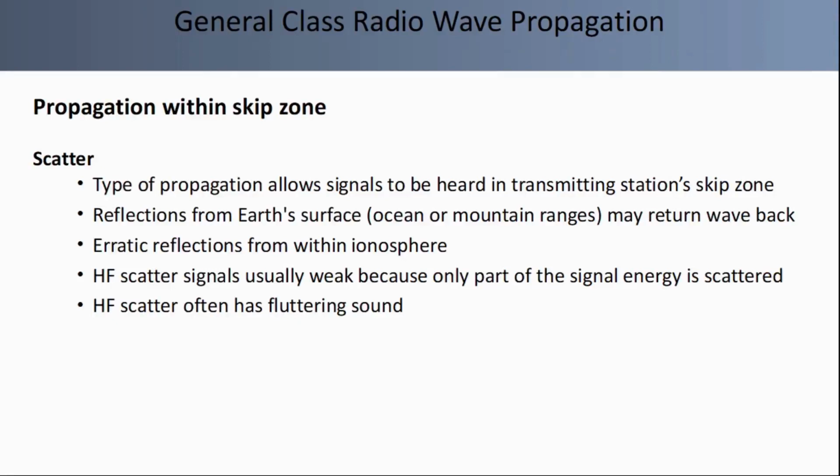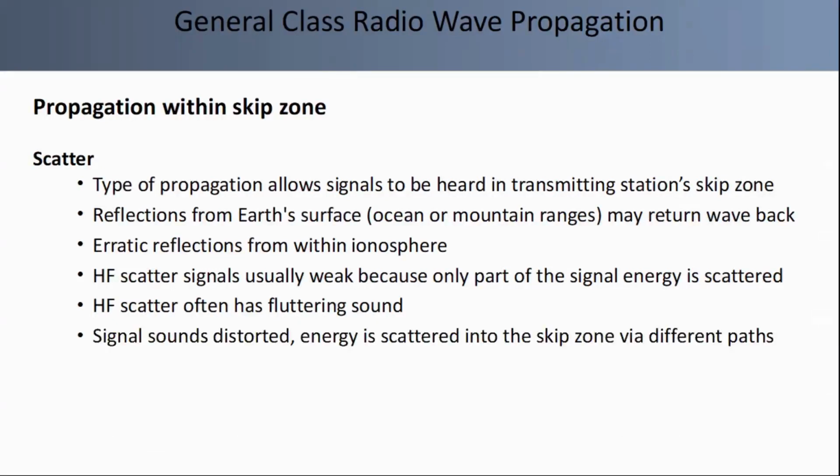It's not unusual for them to have an unusual sound. They might sound fluttering, or they might sound distorted. The distortion is because the energy is scattered into the skip zone via different paths. That's the answer to one of the questions.